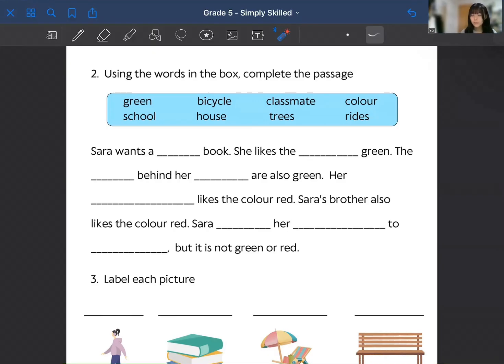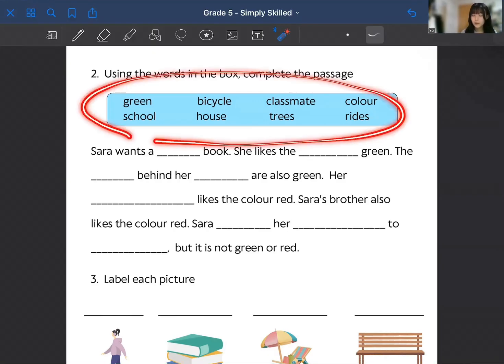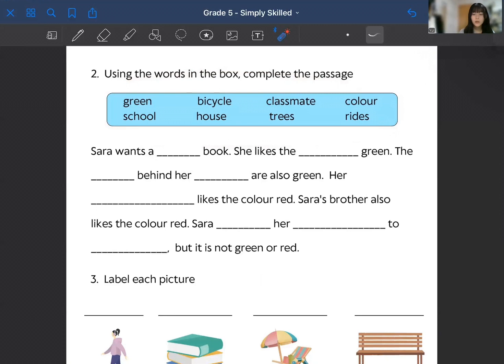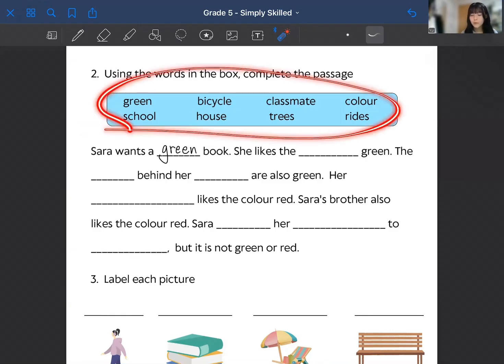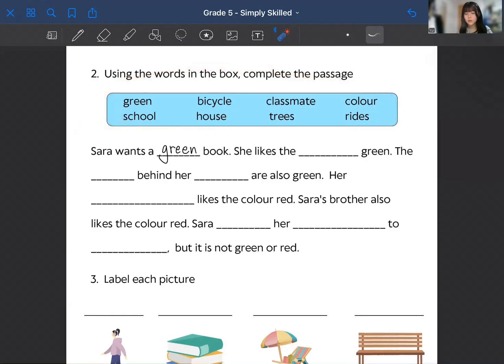And then out of all of these 8 words here, the only adjective is the word green. So you write the word green right here. So Sarah wants a green book. That makes sense. So you do the same thing for the remaining few blanks and use the words up above here again to figure it out.